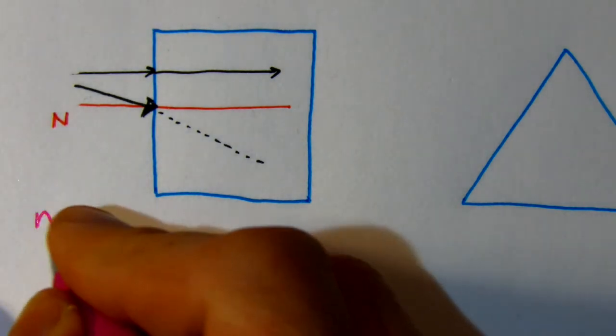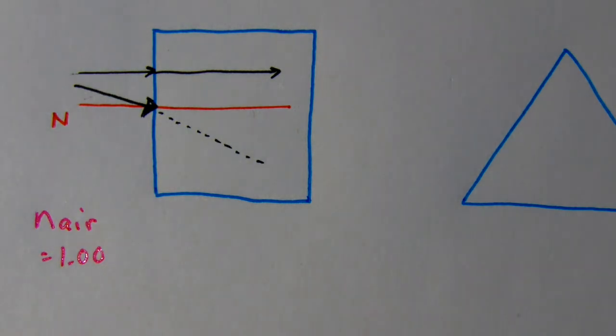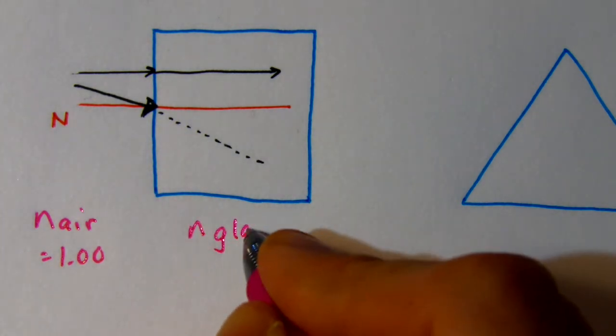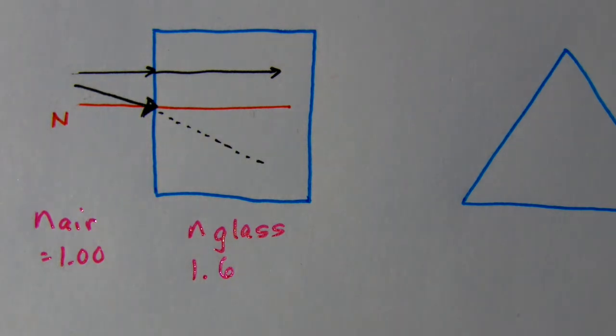So here, this is air, which is basically 1 for index of refraction, right? Because it's similar to the speed of light. But here for glass, I think flint glass is something like 1.6. Either way, it bends toward the normal.